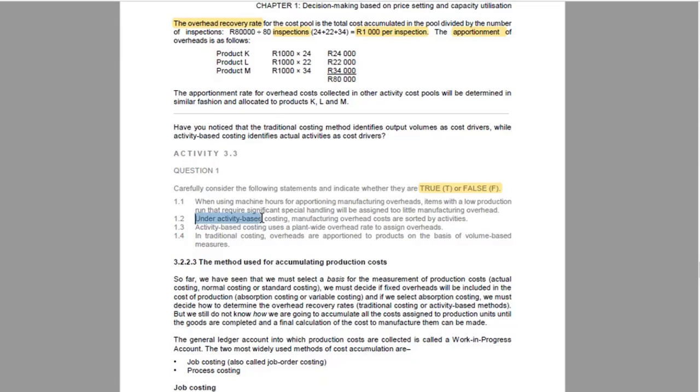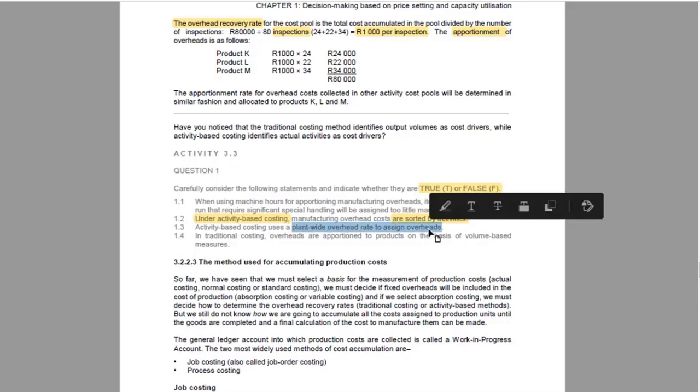Under activity-based costing, manufacturing overheads are sorted by activity, true or false? That's true. Under activity-based, we always look at activity. It's in the name. Activity-based costing uses a plant-wide overhead rate to assign overheads. True or false? That's false, because plant-wide means a blanket rate.